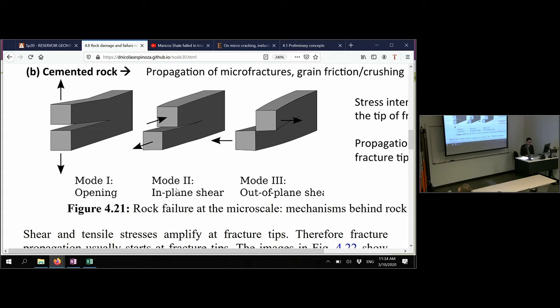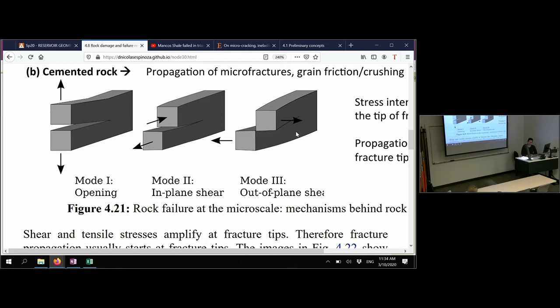This is the sliding mode. So you have one side which is moving in the direction of the plane of the fracture and the other in the other direction. What this causes is the fracture to propagate in shear, and you usually end up with a fracture that will propagate this way. Not in the plane of the fracture, but in a direction at an angle with the fracture. And that's going to be the shear mode.